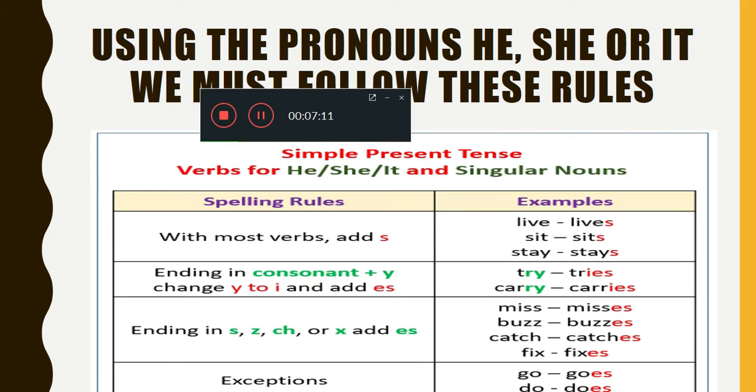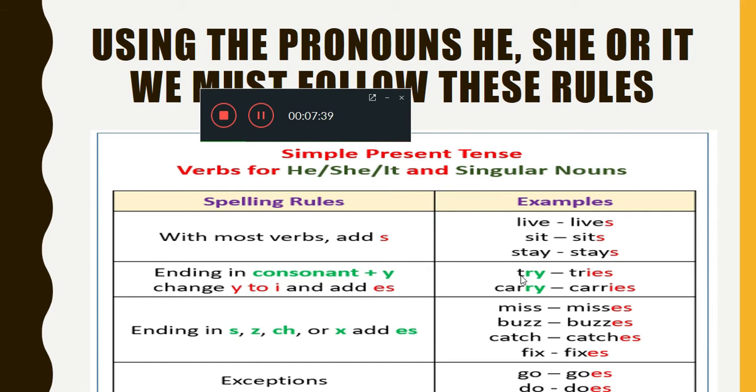And with the verbs that end with a consonant and Y, we are going to change the Y to I and add ES.